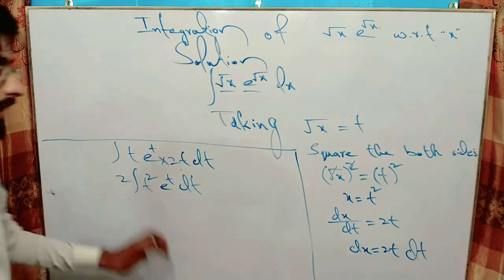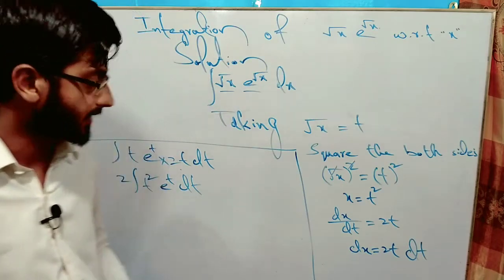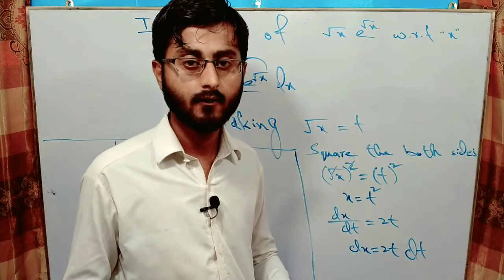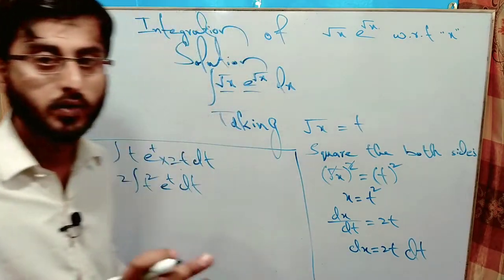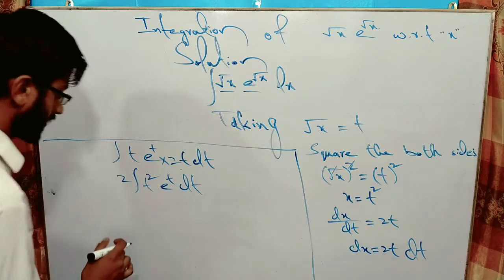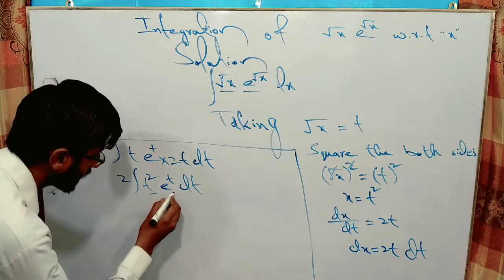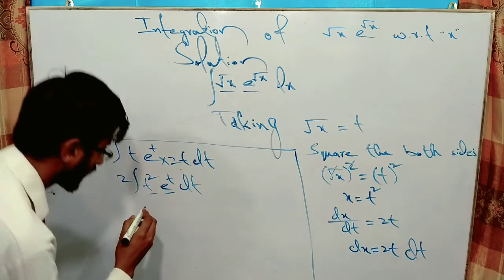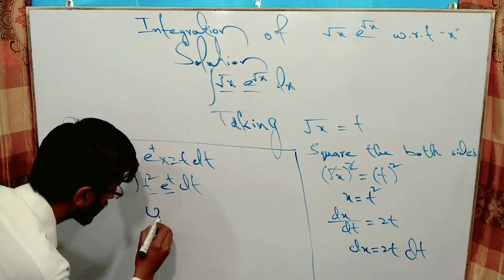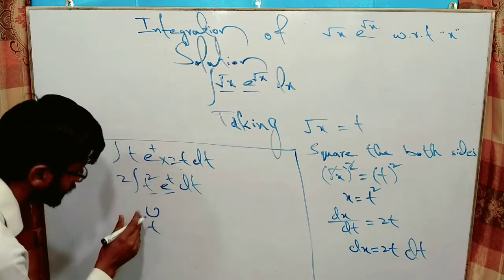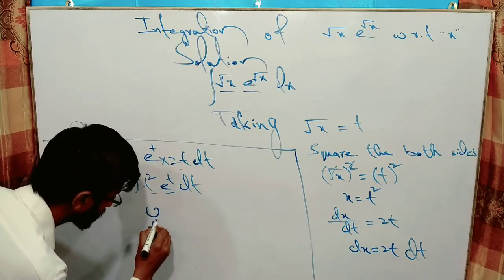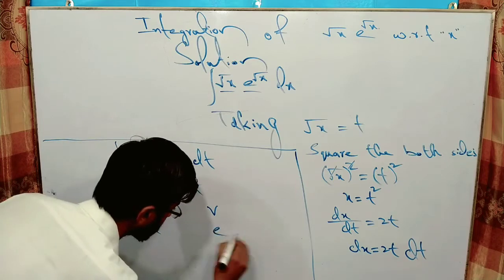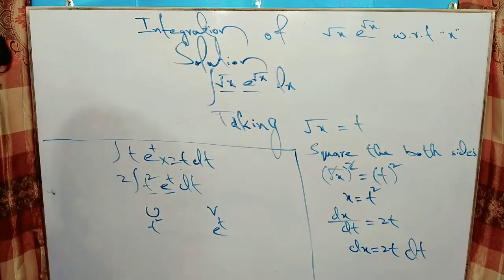That one is very easy to integrate. How? I tell you in this video a very fast and amazing method to integrate such a function. Here are two functions: one is t square and the second one is e to the t. We take u equal to t square and v equal to e to the t.